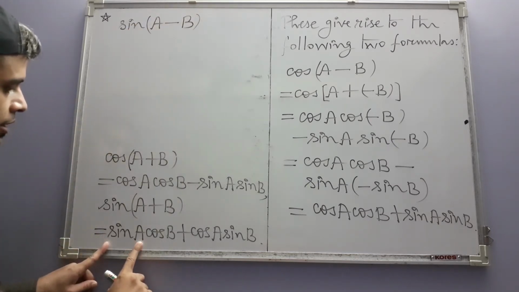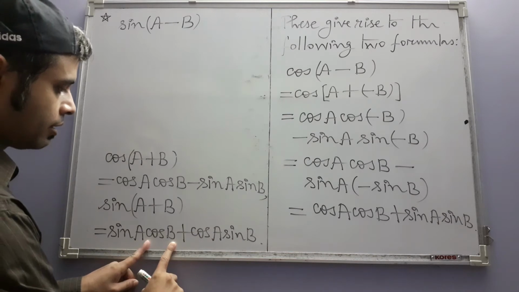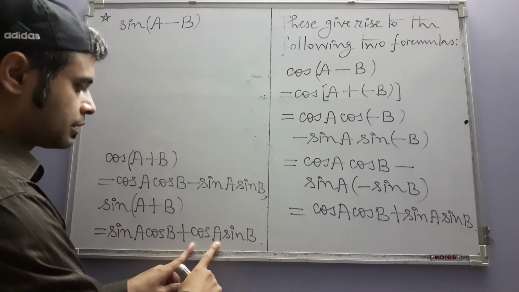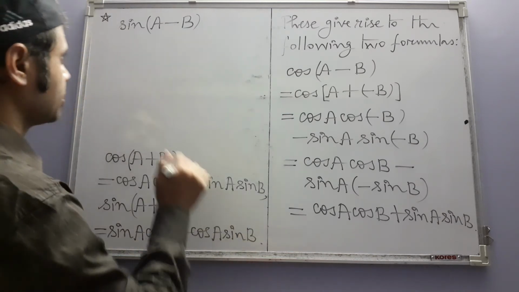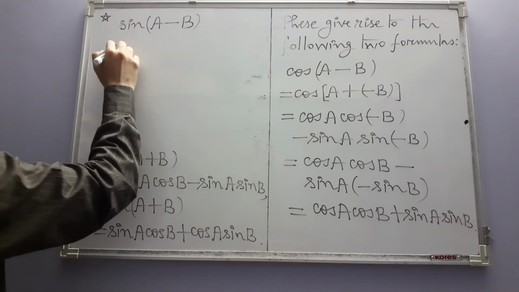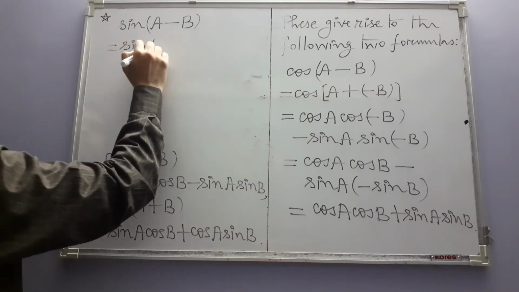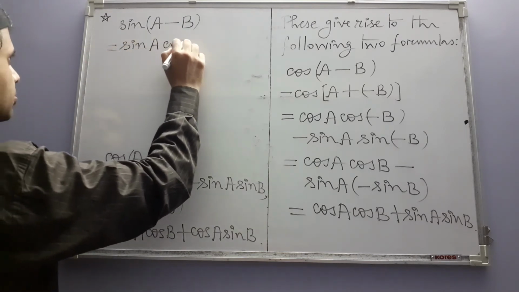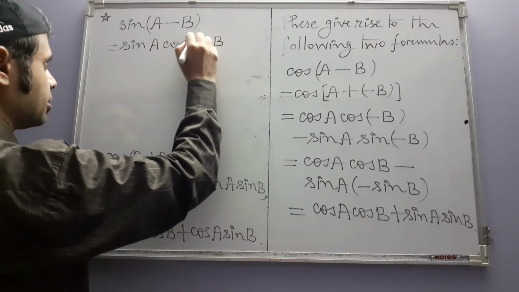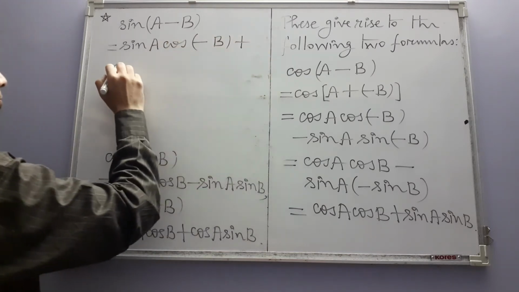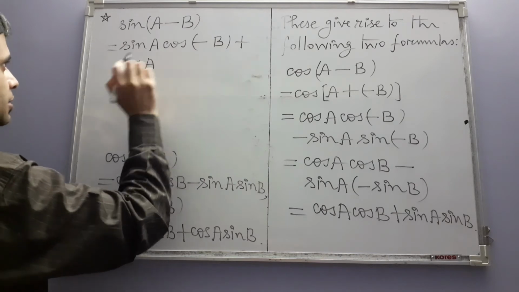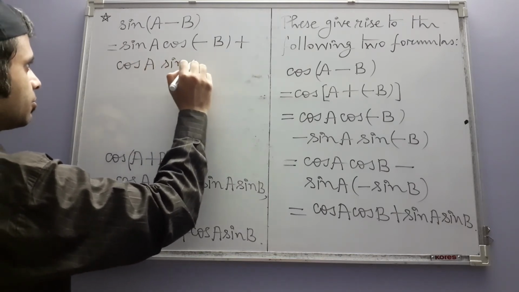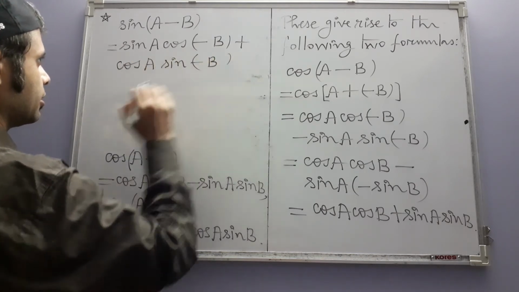Sine of the first angle times cosine of the second angle plus cosine of the first angle times sine of the second angle.